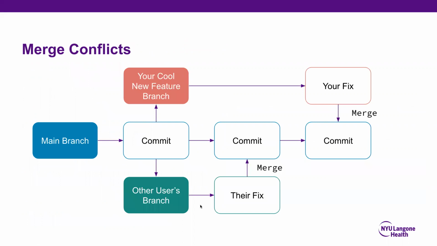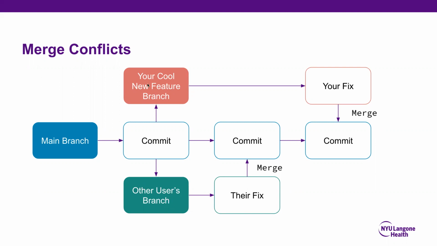Something to think about is that as you develop and use Git, especially if you're working with other folks on a project, you may eventually run into what's called a merge conflict. Say you are working on the main branch, and you create your own branch for a particular project or feature, and then someone else does the same thing.